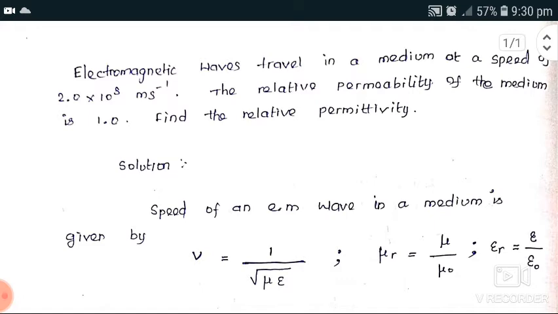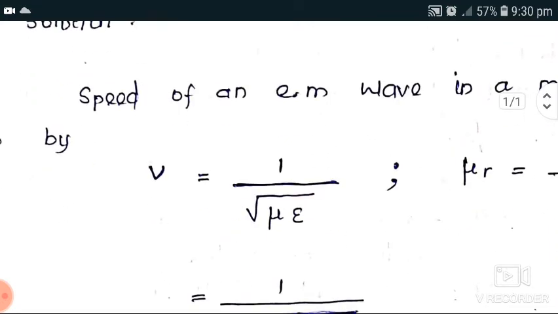Once you apply the magnetic field, how much the material responds to that field, that is called permeability. For that they are using the symbol mu.